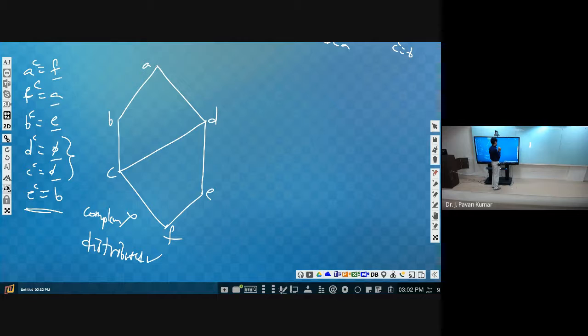To find whether it is distributive, we need to find the complement of every element, then we will know whether we have at most one for every element. Another one is at least one. If every element has at least one complement, then we can say it is a complemented lattice. Is this clear?